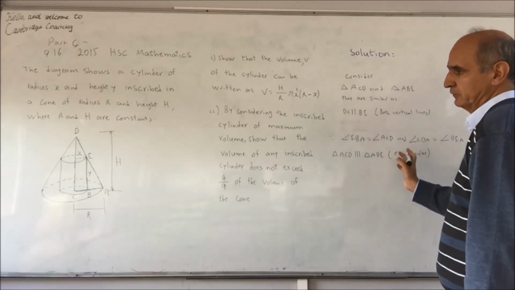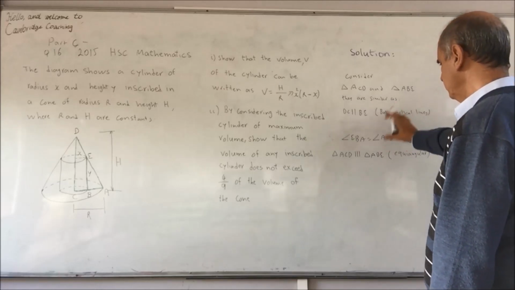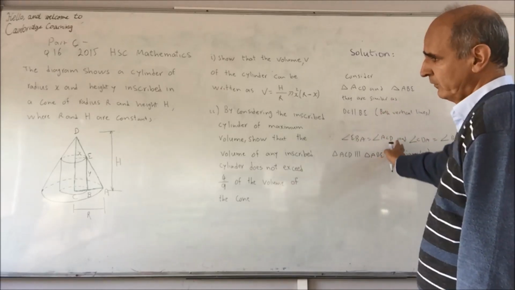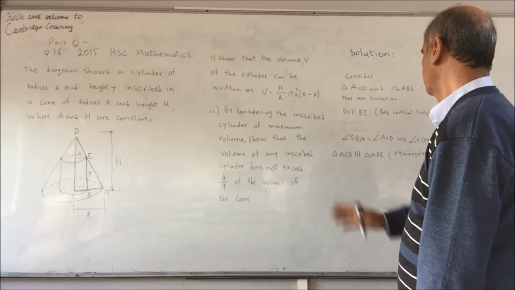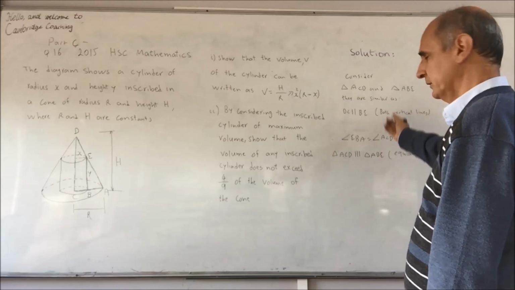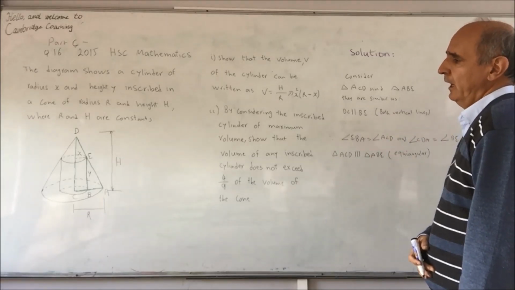You don't need to do the third one, because the third one will be automatically equal. You probably can write it in a more convincing way, but that is the reason for that.